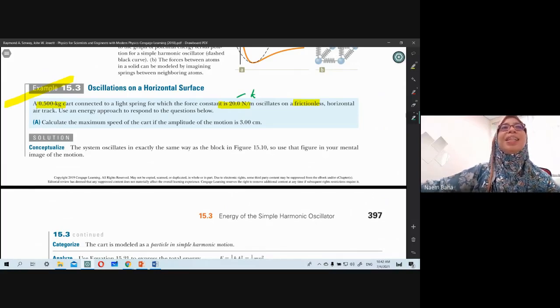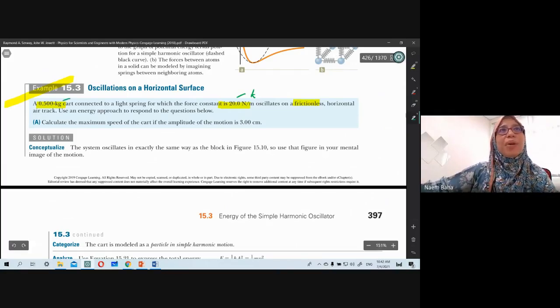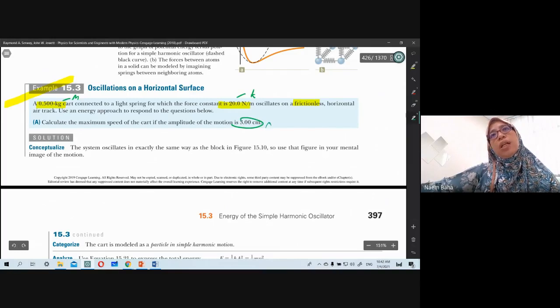So that it can oscillate easily. Imagine you have sugar, 1 kilogram, cut into half; it is very large, and oscillation would not be as easy as with a cart. So this is the mass. Calculate the maximum speed if the amplitude is 3 centimeter. So this is our A value.